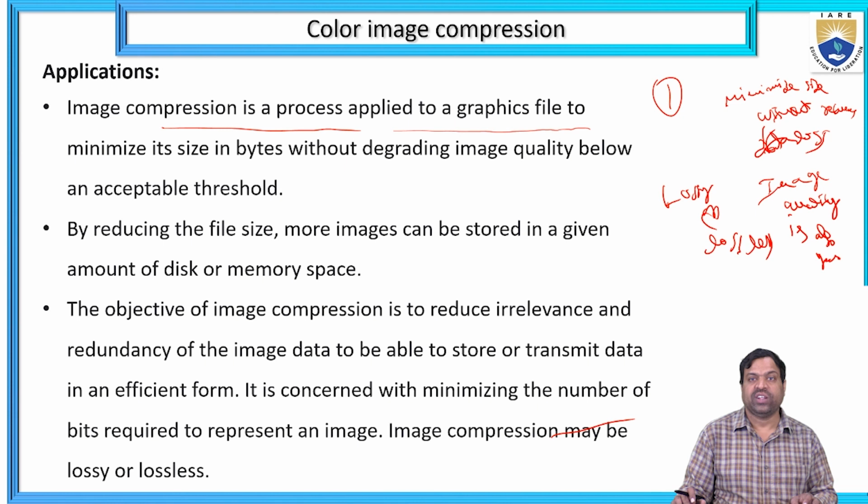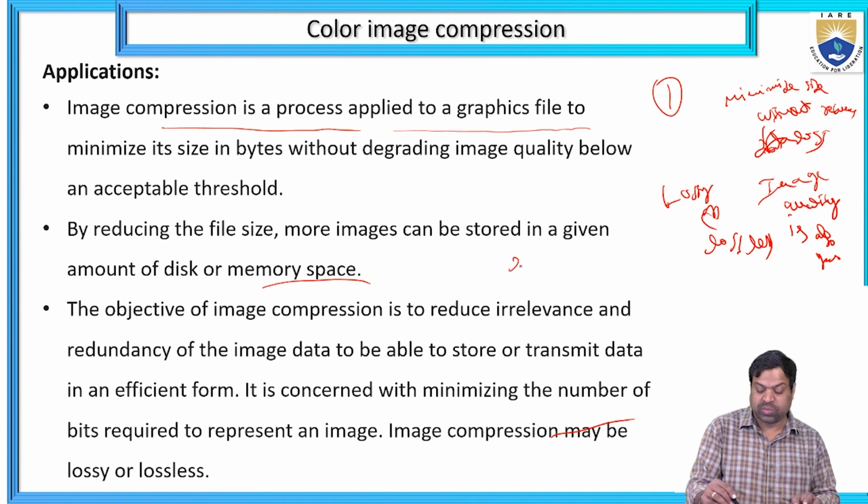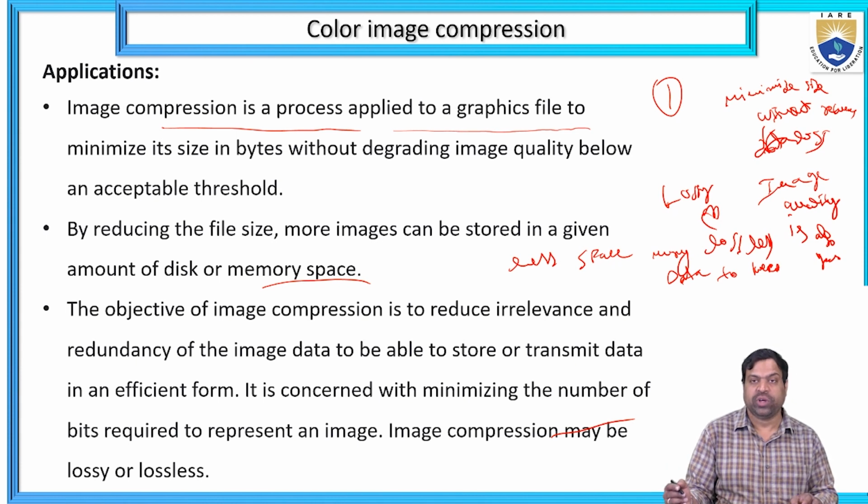More images can be stored in a given amount of disk or memory space. In less space, more data can be kept. How is it possible? Through image compression.